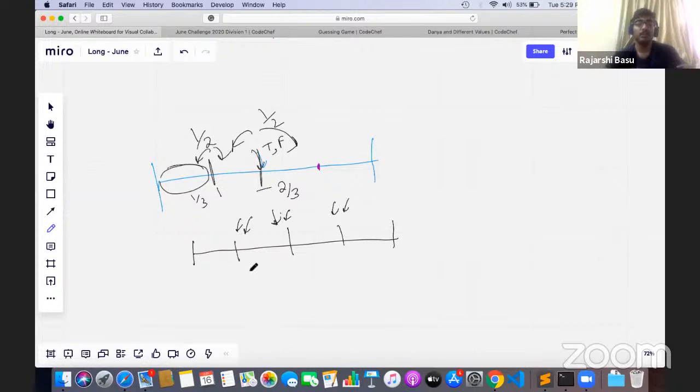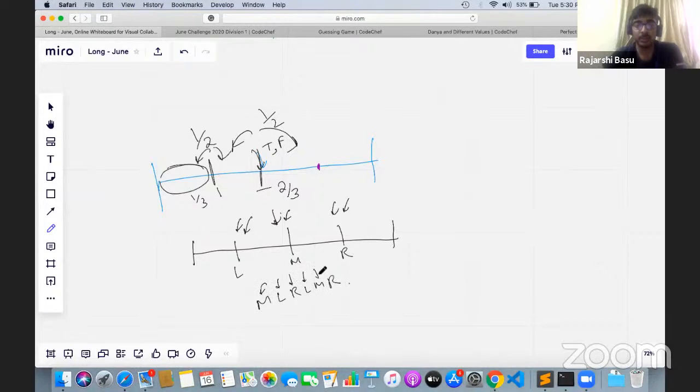Let me call this point M, this L, and this R. So we have a query string like this, which means we query here, here, here, and here, and then we are guaranteed that if we query in a particular sequence, we can uniquely identify which of these regions our point must lie inside, irrespective of which of them is a lie and which is a truth.